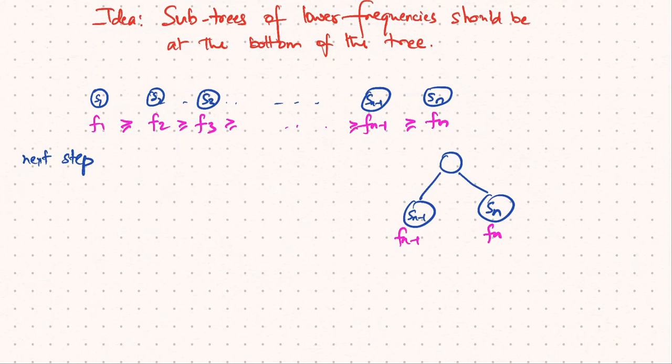So over here, I would add up their fn minus 1 plus fn. Right? So at the root of the subtree, I will write the number which represents the frequency of that subtree. What is the frequency of the subtree? It was just the sum of the frequencies of the leaves in that subtree. So I just add these two up, and okay.